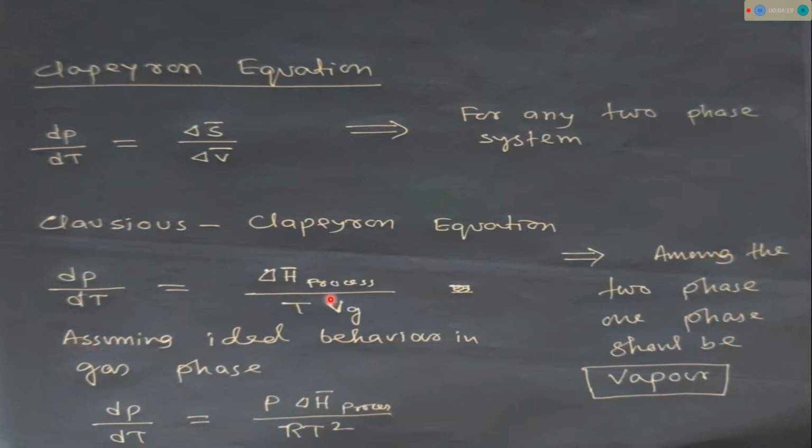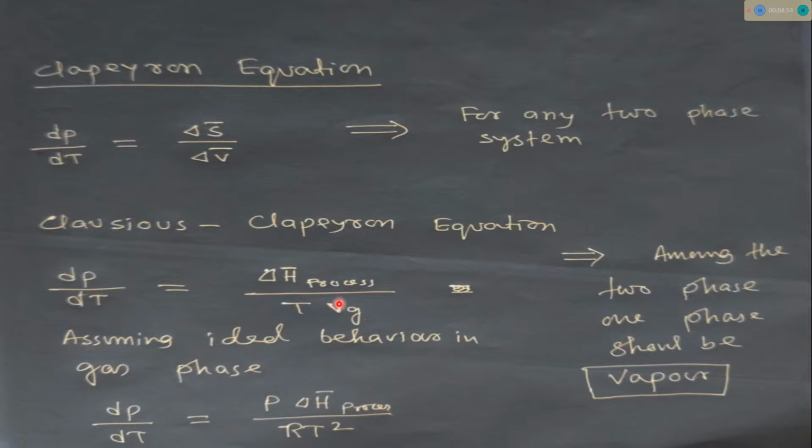From the Clapeyron equation, if we do some derivation assuming ideal gas behavior and some rearrangement, we get the Clausius-Clapeyron equation: dP/dT equal to delta H process times P upon R T square.